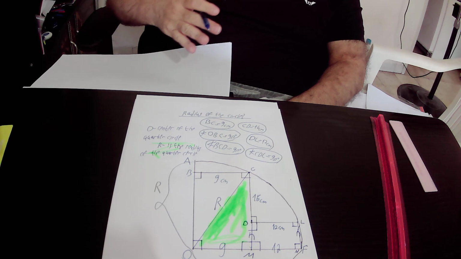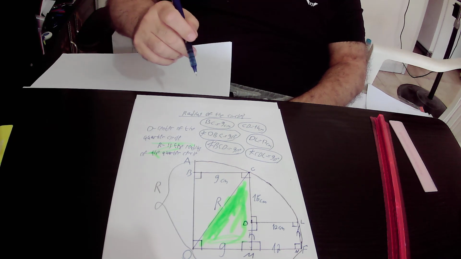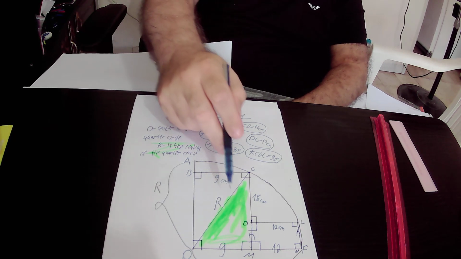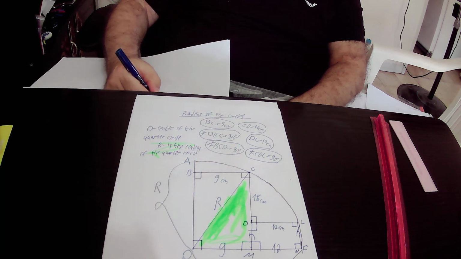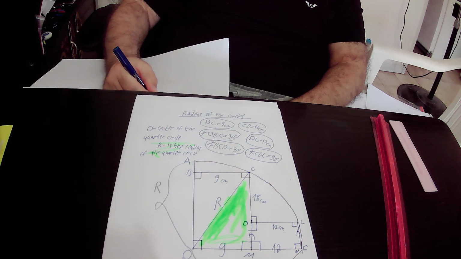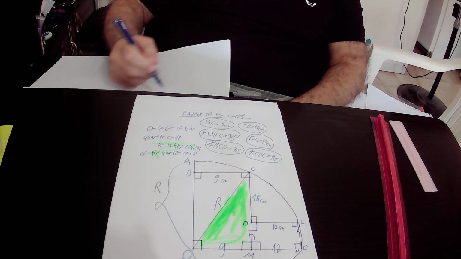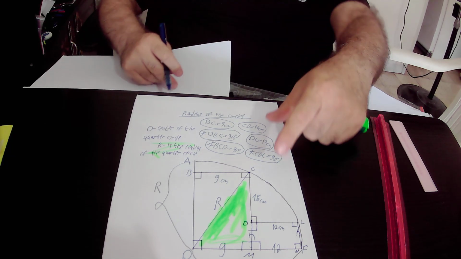That is the radius that we are looking for, and it is equal to OM square. OM equals 9, therefore OM square is 9 square, that is 81, plus CM square.